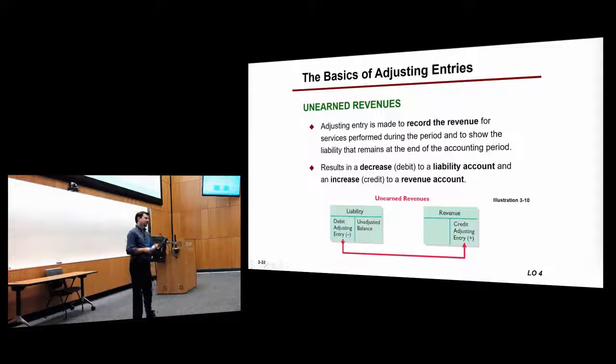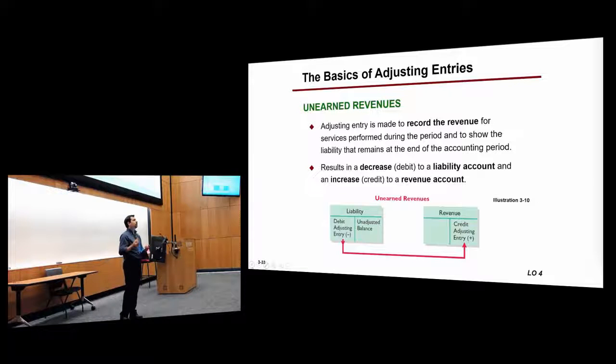Go ahead. So you said that you credited revenue, but then you also said that you were debiting revenue also. No, I'm debiting unearned revenue. Unearned revenue is a liability. So remember, unearned revenue is basically an obligation that the company has. The company receives cash in return for services that they will provide later on.